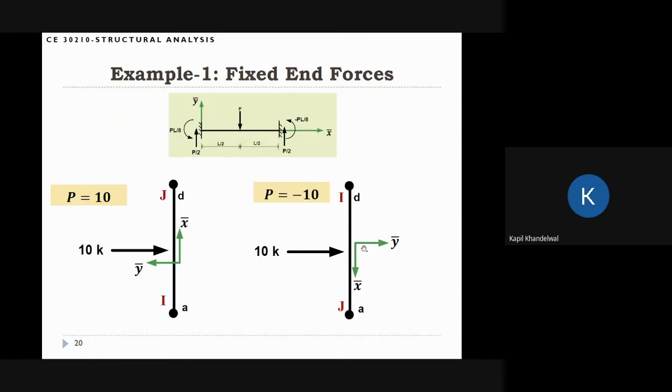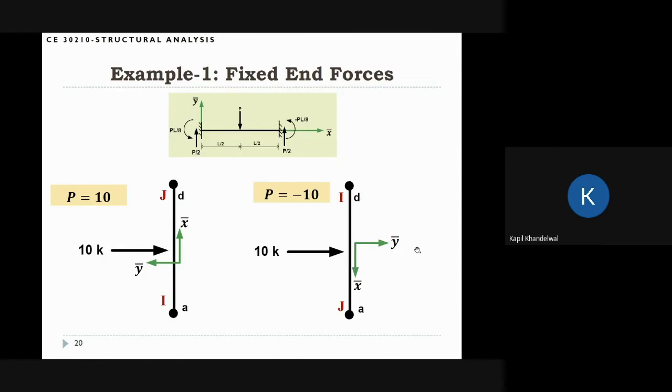But if I have defined D node as the I node and the A node as the J node, my Y bar will then be in the opposite sense. So Y bar is in this direction. So you can see that now my load at the center is actually acting in the positive Y bar direction.